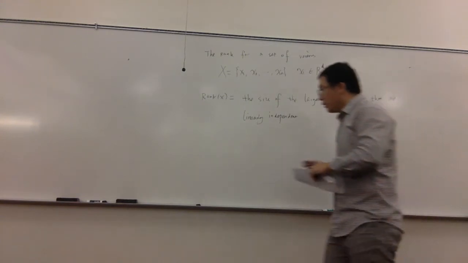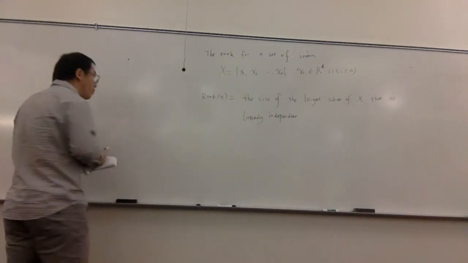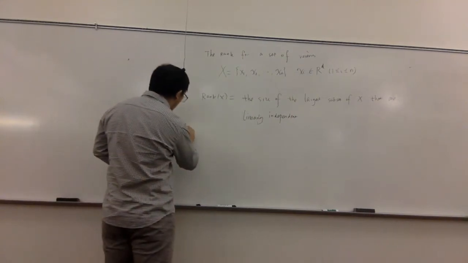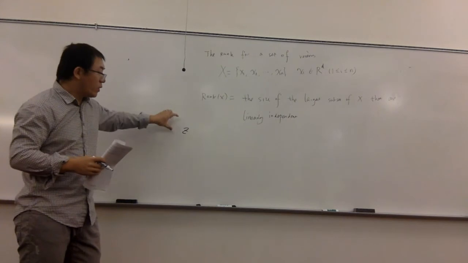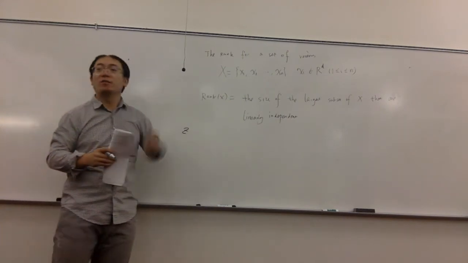Okay. So first, linear dependence or independence is regarding a specific vector with respect to a set of vectors. Right?